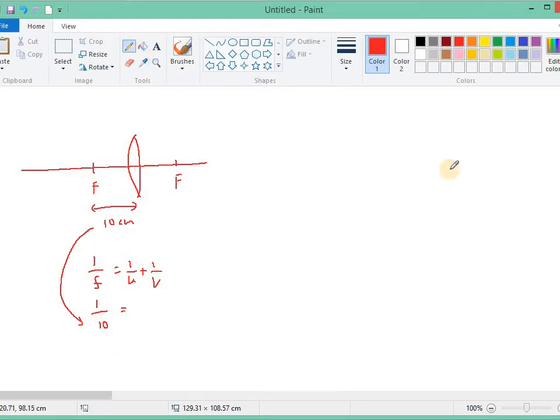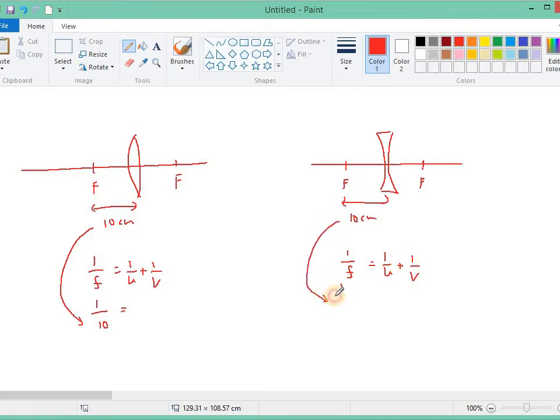But if it is a 10 centimeter concave lens, then we need to put in negative 10.